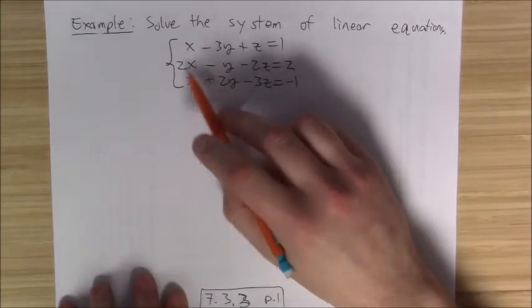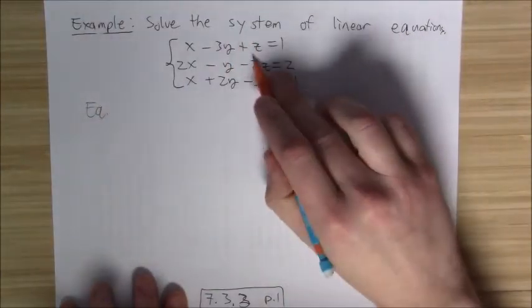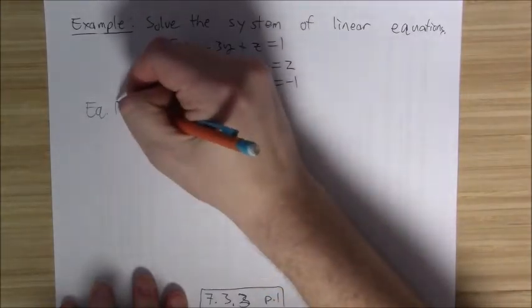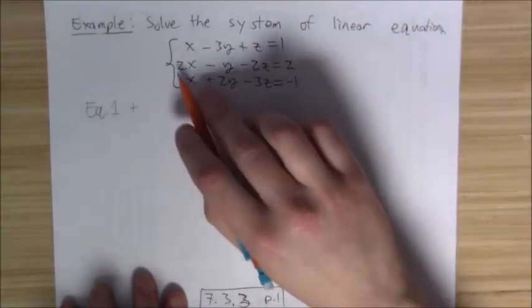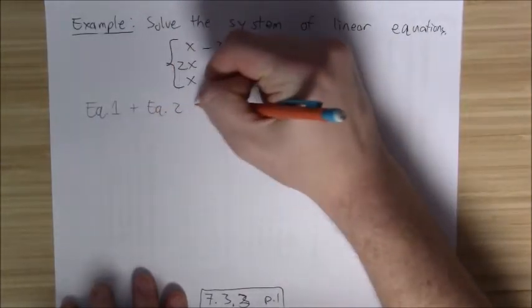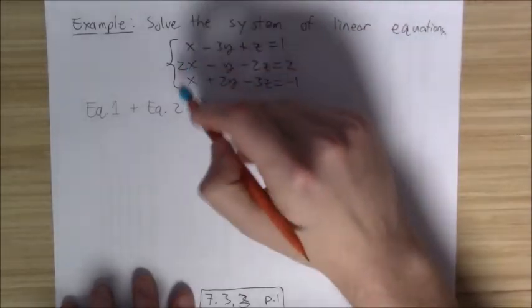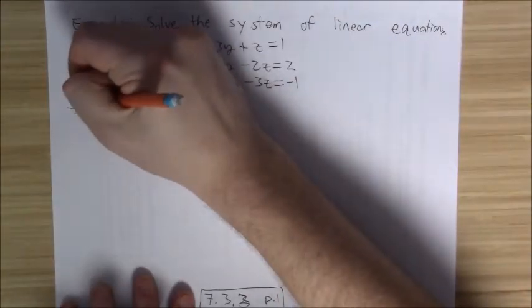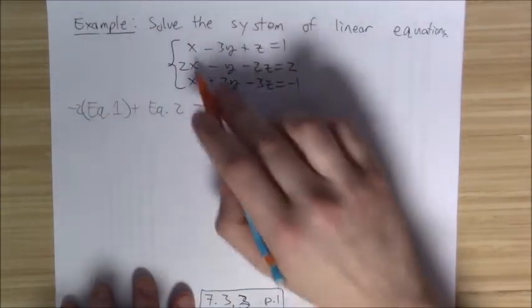Just jumping straight in, if we take equation 1, the top equation, and add it to the bottom equation 2 to get a new equation 2. Actually, I'm not going to do that. I'm going to do negative 2 times equation 1, because then we can eliminate the x's.